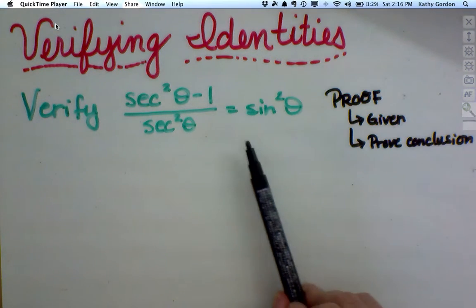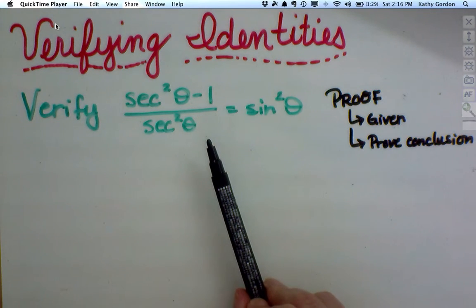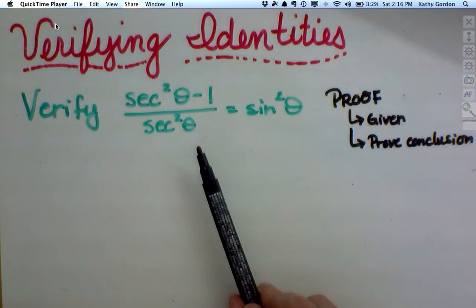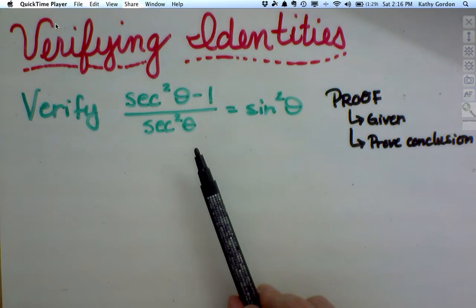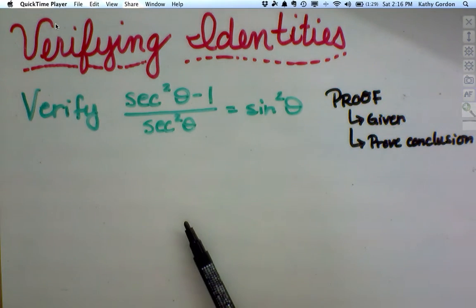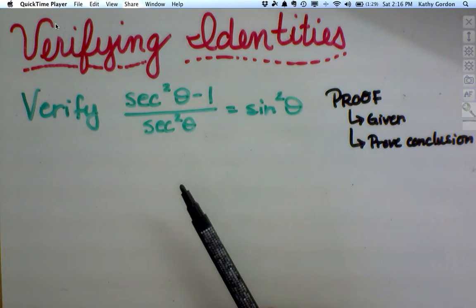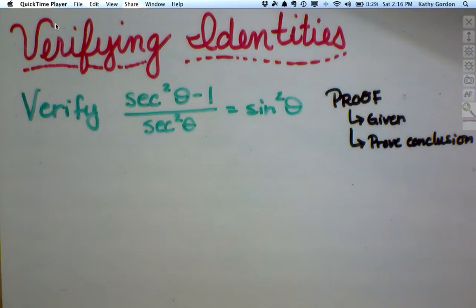And what we're trying to do here is rewrite the given expression, using algebra and using trig identities, until we get it into the same form as our conclusion. This is very much like what you were doing last lesson when you were asked to simplify identities. But now we have an idea of what we want to end up with.